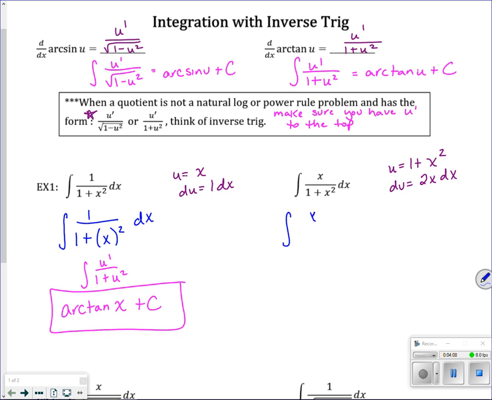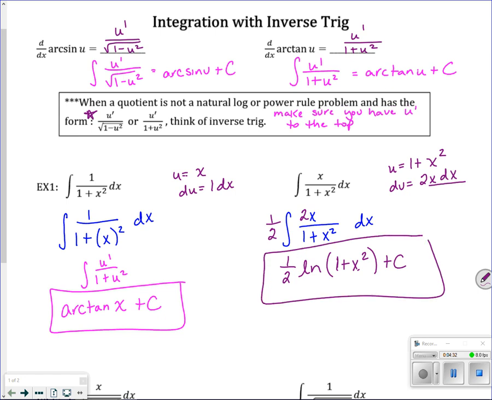Well, you say either by your true u sub or your fast way. You're going to say I need 2x dx, so I'm going to need a 2. I'm going to pull out a 1/2. So I would have 1/2 ln. Again, I could put the absolute value, but this is already positive, so I'm going to choose to not put it. And that would be my answer.